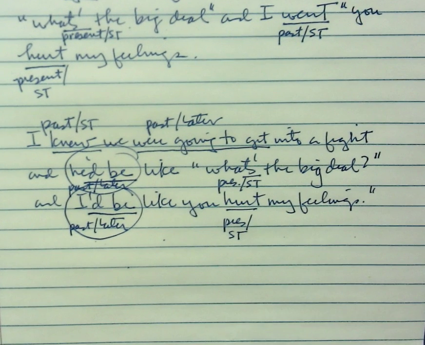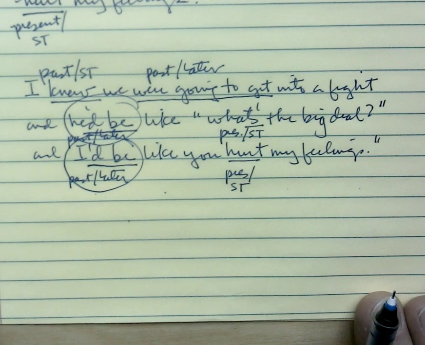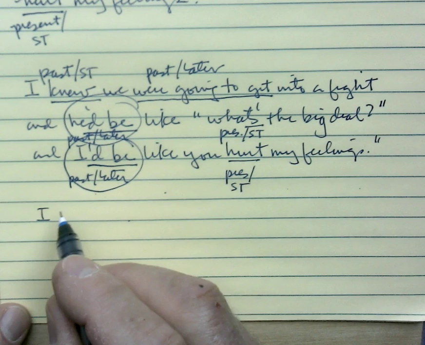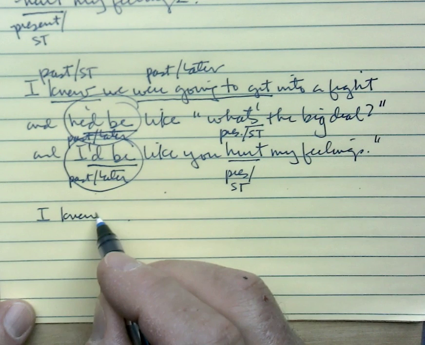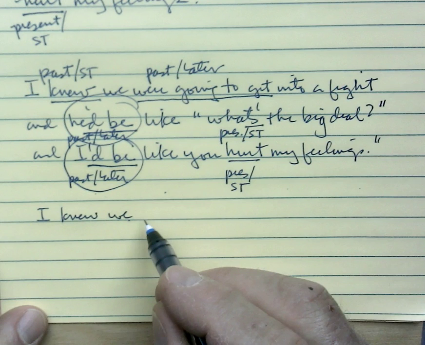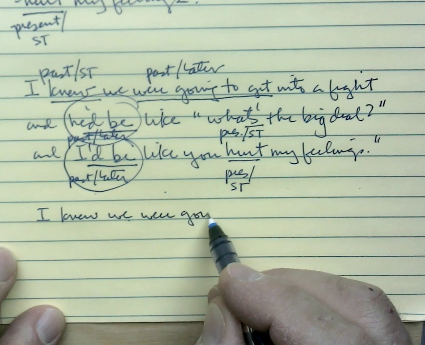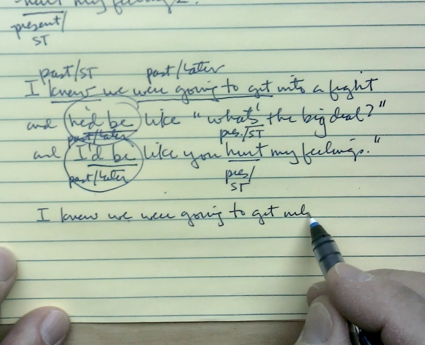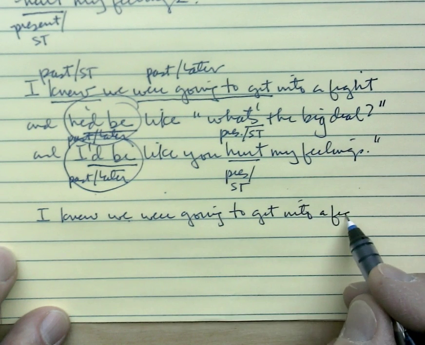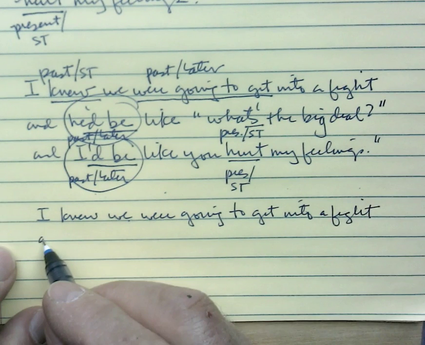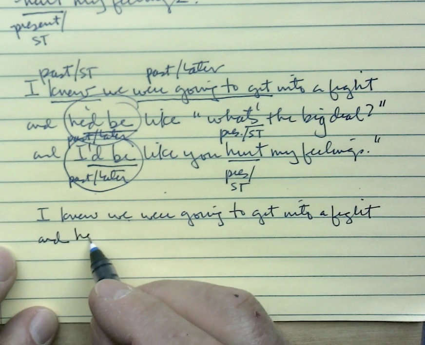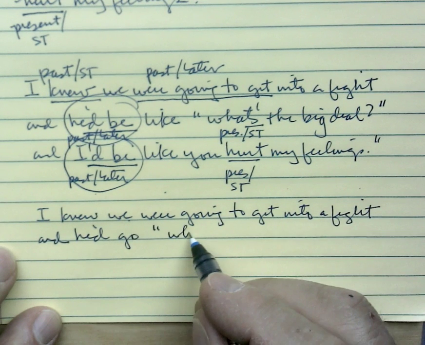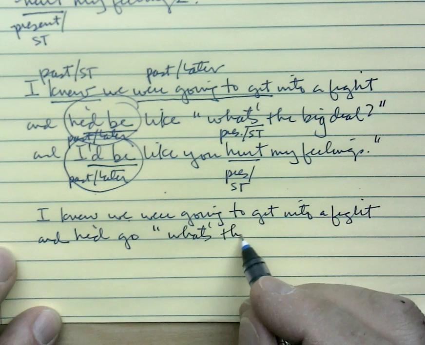You can also have two instances of go just as easily. So, for example, I knew we were going to get into a fight, and he'd go, what's the big deal?